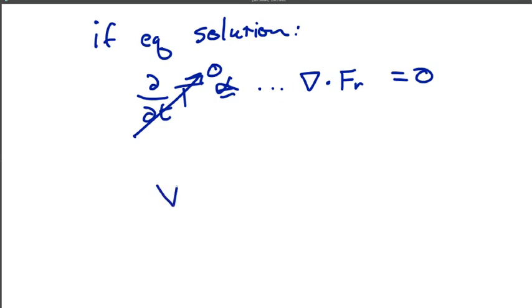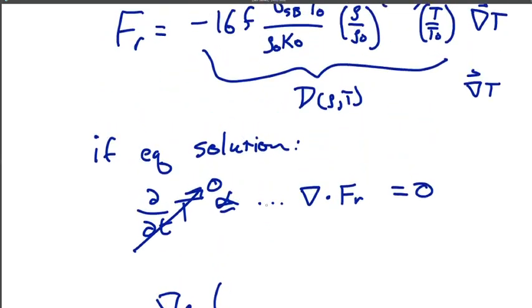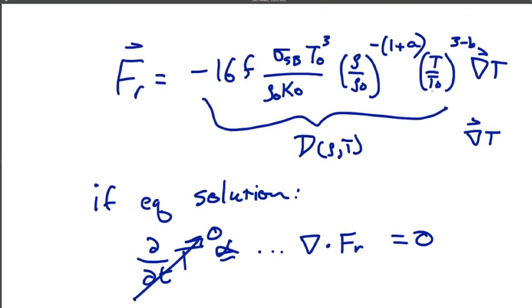It looks like the divergence of the quantity. So if we go up to our expression for the flux here, well, we can neglect all of our constants and we can worry just about our power law scalings here.